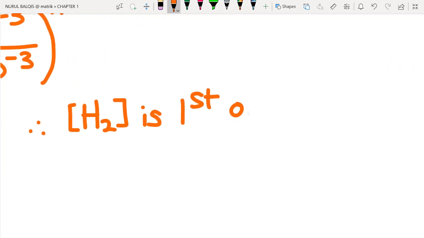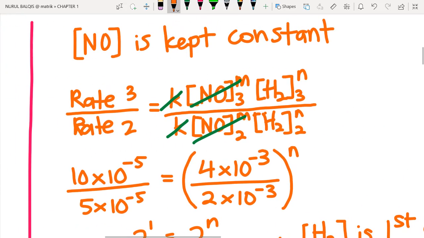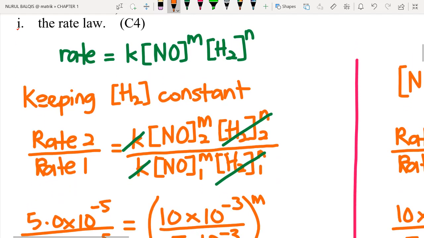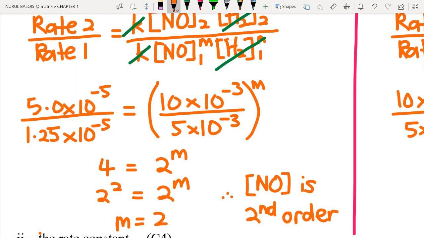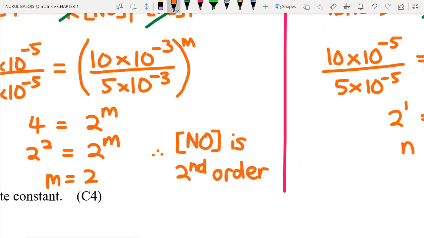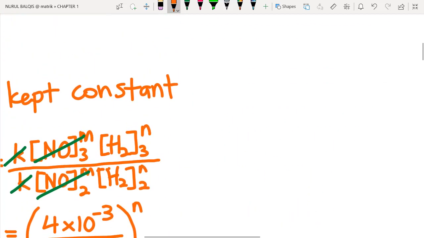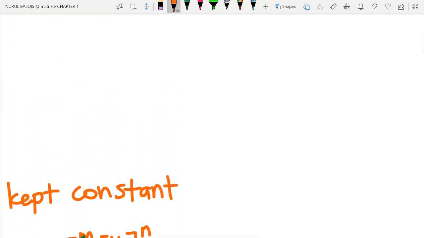First order. Alright, so you only find the order of reactions, but the actual question is to find the rate law. So knowing the order of reactions for both NO and also H2, then we're gonna combine it as a complete rate law.